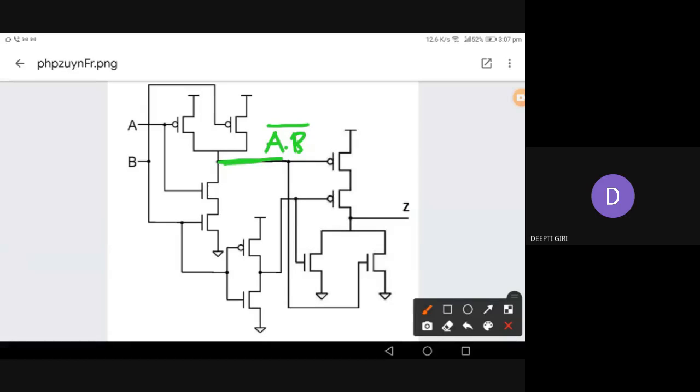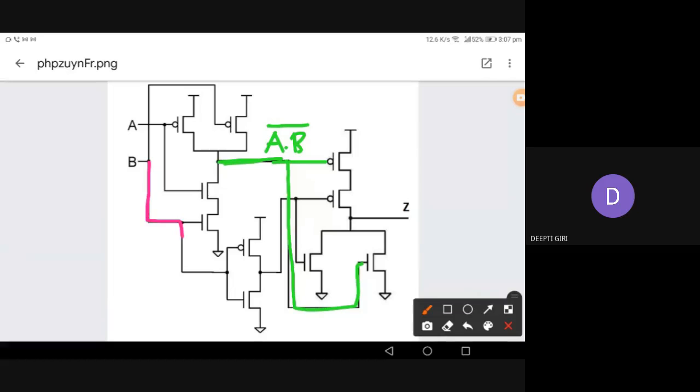A and B are the inputs, and the output is (A·B) bar, right? And this is going to the input of the PMOS and NMOS. You can see (A·B) bar is going to both. And what is going to the input of the second PMOS of this right circuit? You can see here the B signal is going.